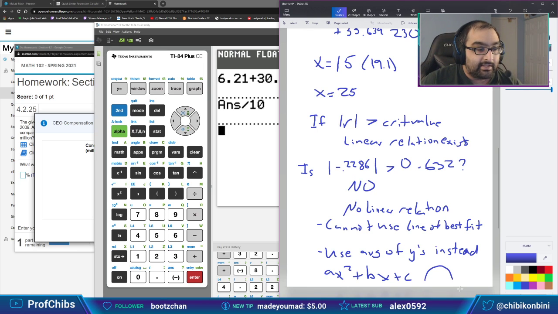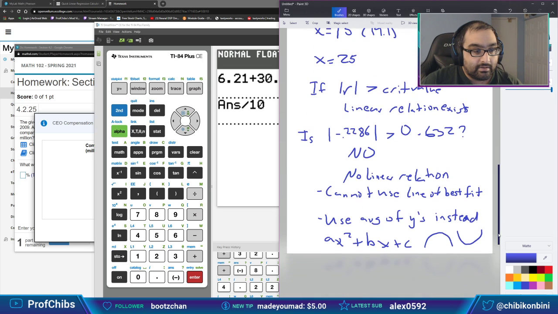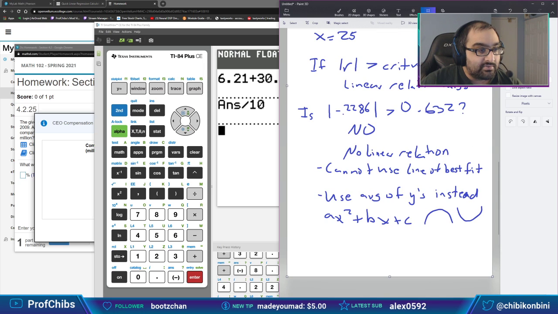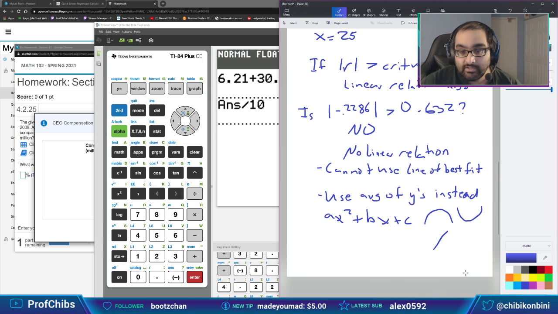A parabola is going to look like this, or this. But what you gave me is just a straight line, something that looks like this, or this. This would be like ax plus b.